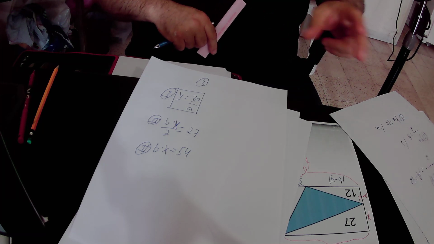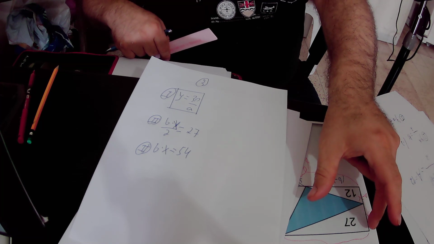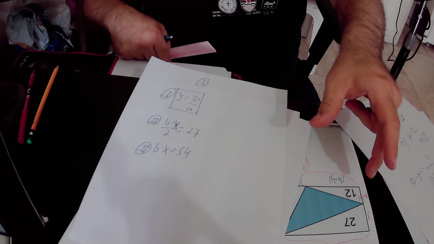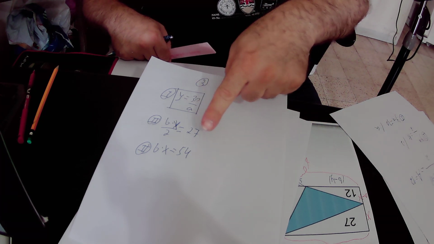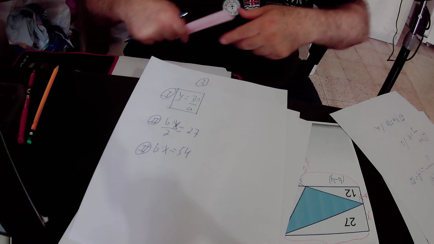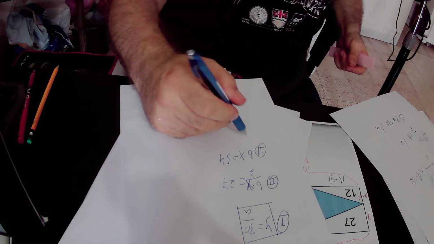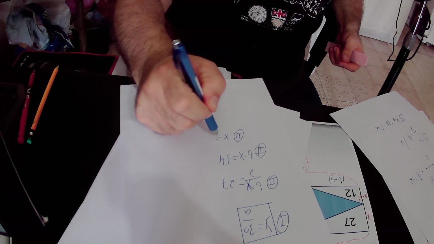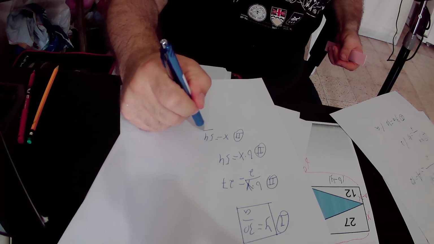B is the length of our rectangle, and the length must be positive, so we can divide both sides by B and we will get that x equals 54 over B.